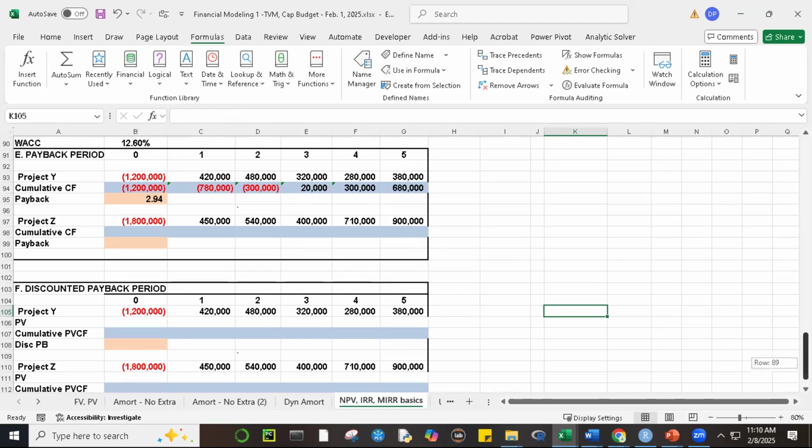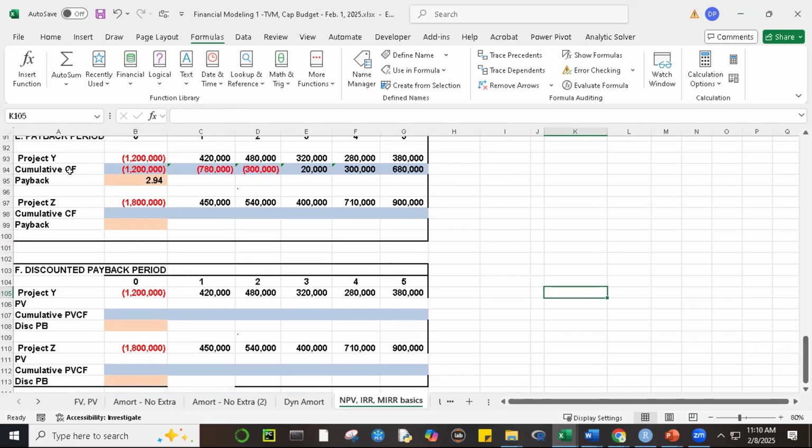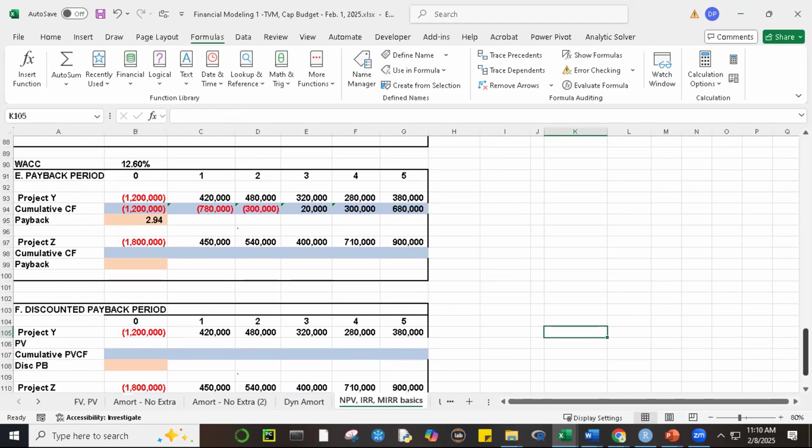Now, here class, this is the discounted payback period. What's wrong here is that we were adding the cash flows when we said we can't do that because these belong to different time frames.